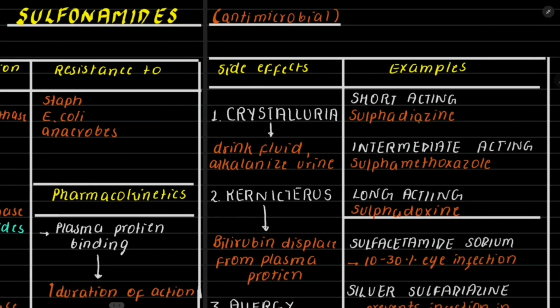On the basis of duration of action, sulfonamides can be classified into three types: short acting, intermediate acting, and long acting. One example of a short acting sulfonamide is sulfadiazine. An example of an intermediate acting sulfonamide is sulfamethoxazole. Remember this name, it is of consequence. We will learn more about it later. The third one is a long acting drug, which is sulfadoxine.